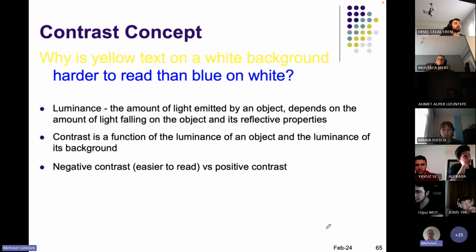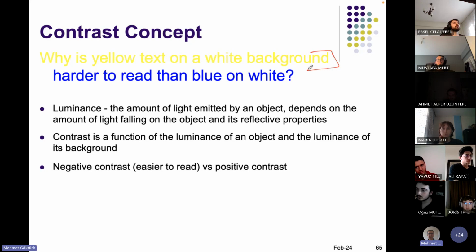And one thing is, when people are making web pages, having different color doesn't mean that it is readable, because the colors are different, but our eyes basically work with respect to intensities, with respect to amount of light.